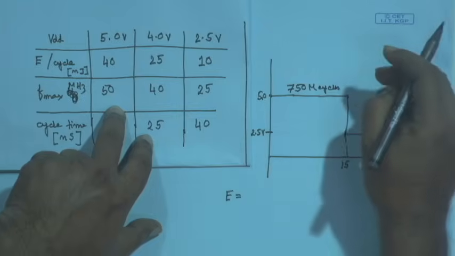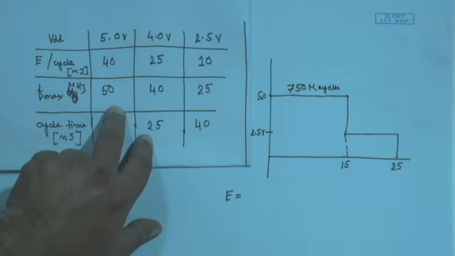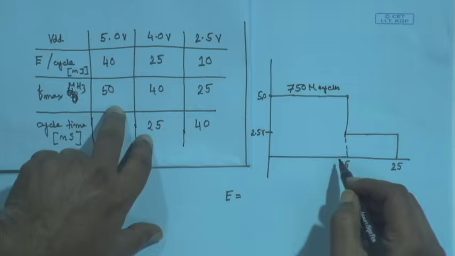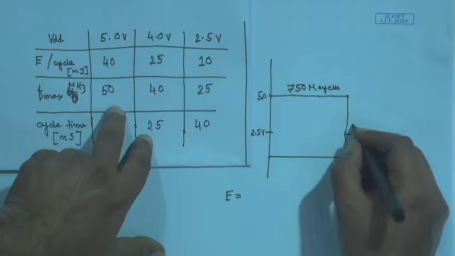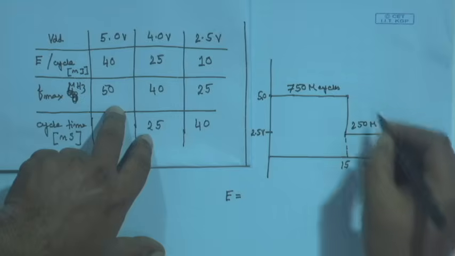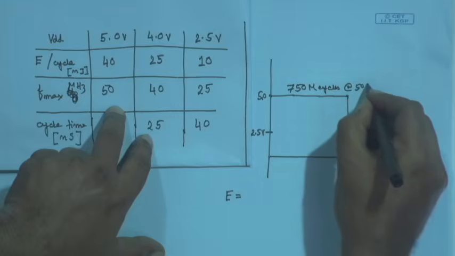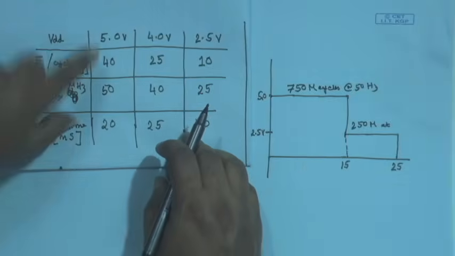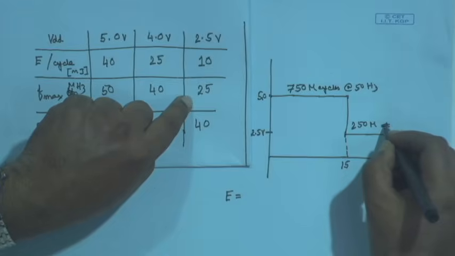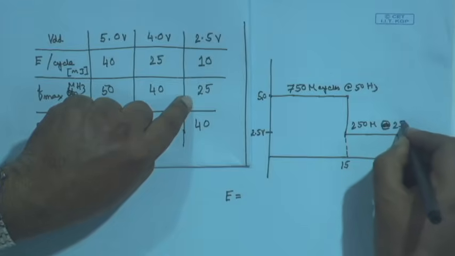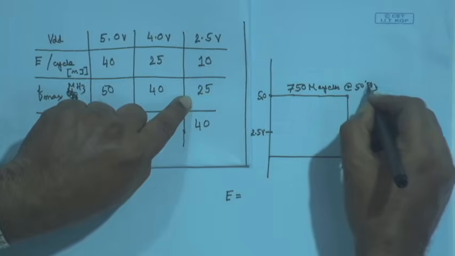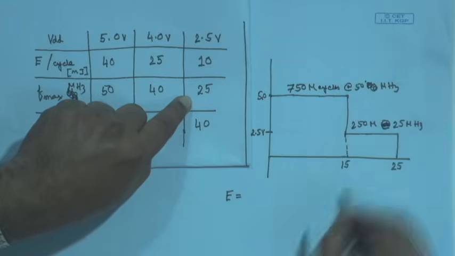I am sorry, whenever we see capital M we say mega. 750 million cycles we have run at 50 megahertz, and only 250 million cycles at 25 megahertz, because at 5 volt I could run it here, and this much at 25 megahertz.